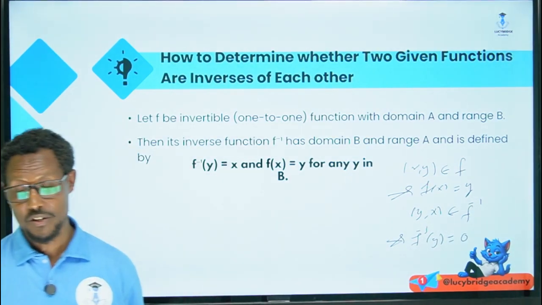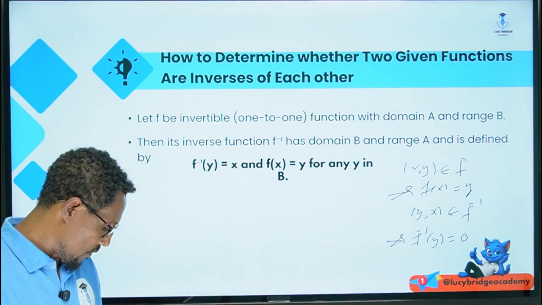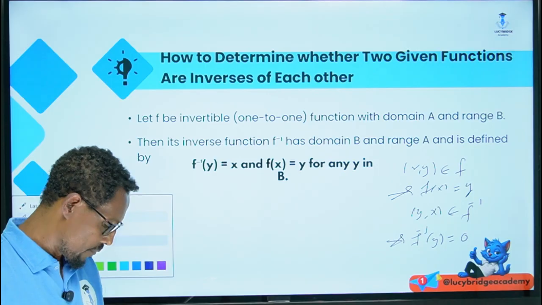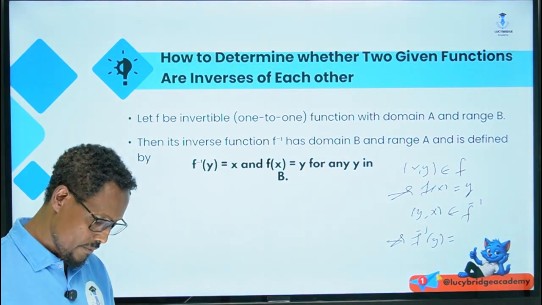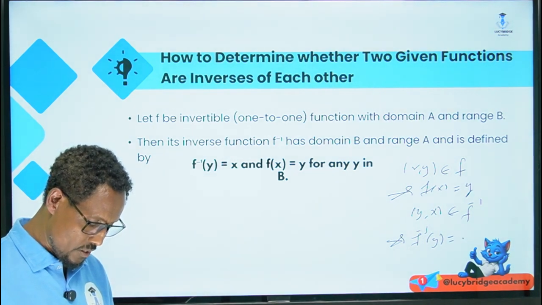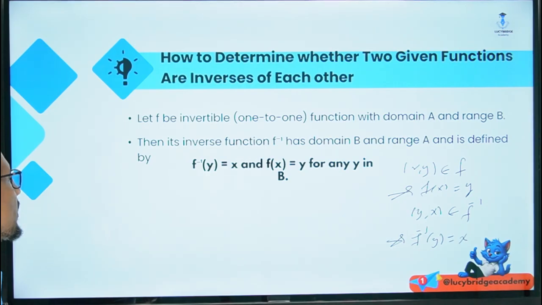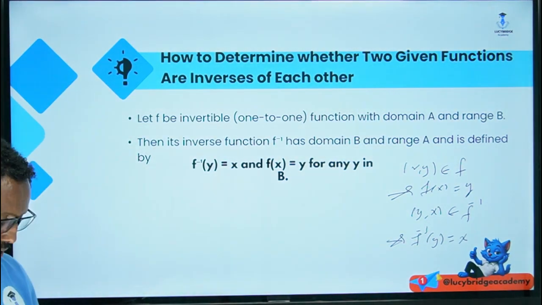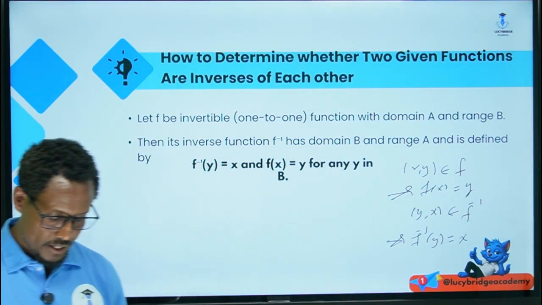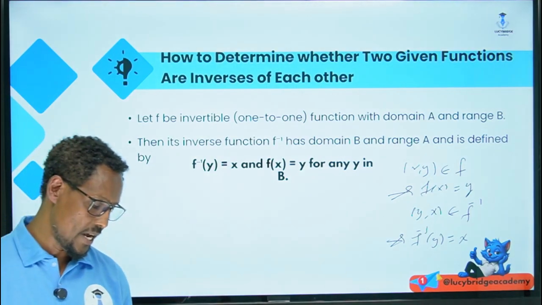In general, f of x is equal to y means f inverse of y is equal to x. The domain of f is A and the range of f is B. The domain of f inverse is B and the range of f inverse is A.